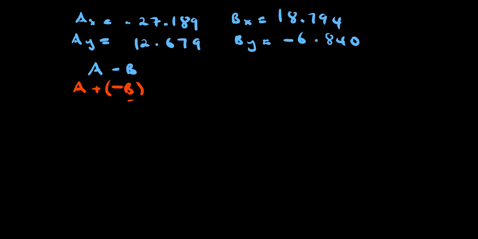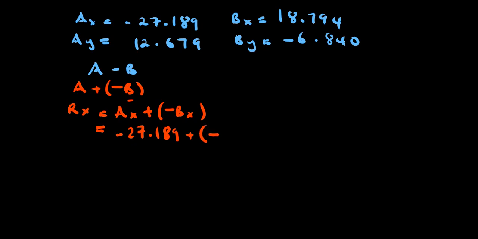So when it comes to finding the resultant of x, since we are adding a x, we'll add using this formula, plus minus bx, there will multiply a negative. This is going to give us negative 27.189 plus, then that minus which is multiplying there, 18.794.